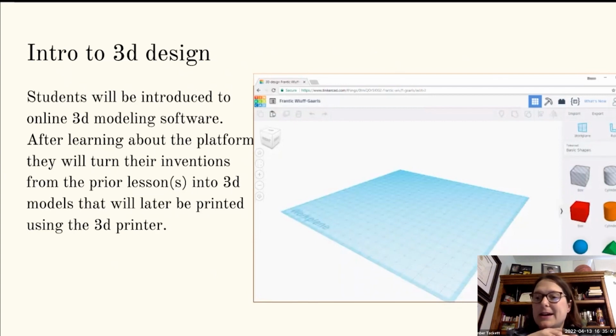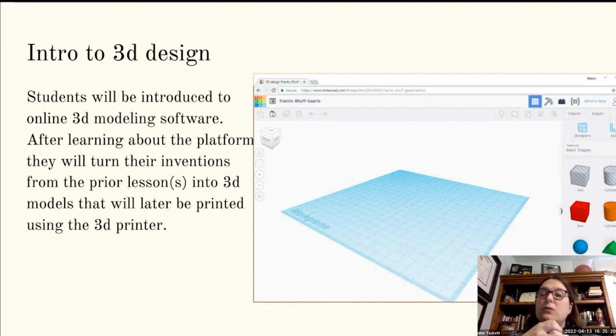So once they did that, I did a very brief introduction to the 3D design platform we use. We use Tinkercad because it was available for all students, whether they had a computer or not. And it was web-based, where it would save their progress in the cloud.